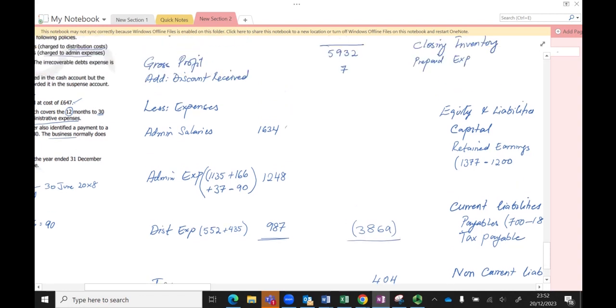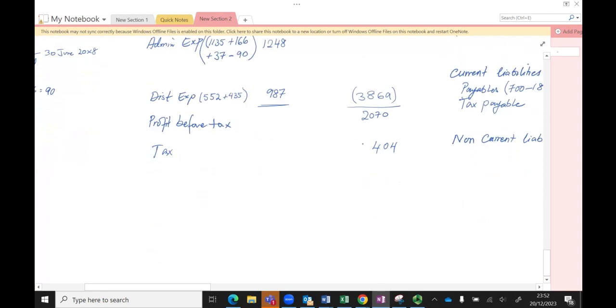Let's subtract it from the gross profit. So gross profit is 5932 plus 7. Take away 3869. That gives me 2070. This is profit before tax. There is no finance cost in this question.